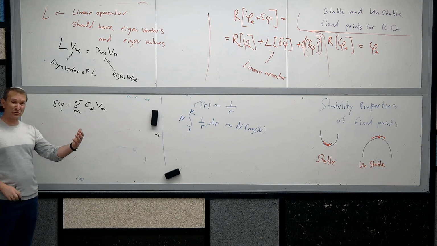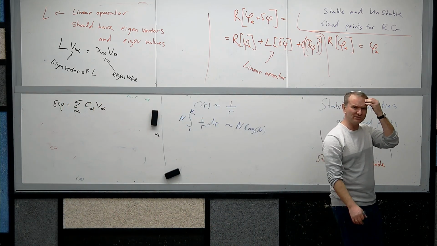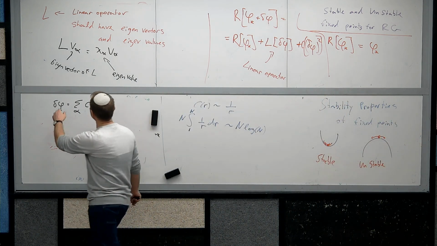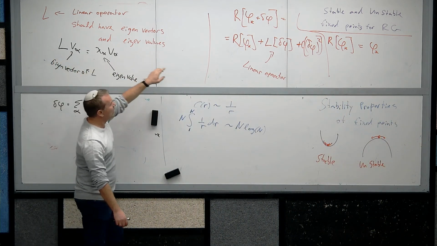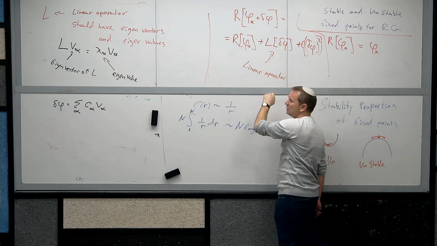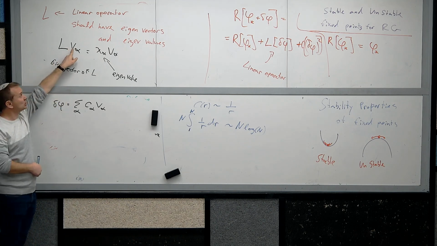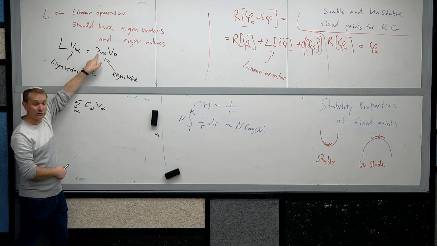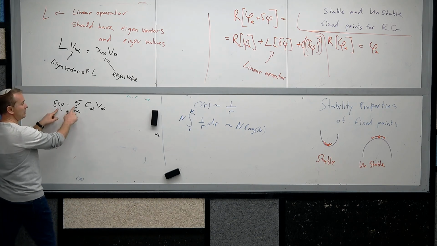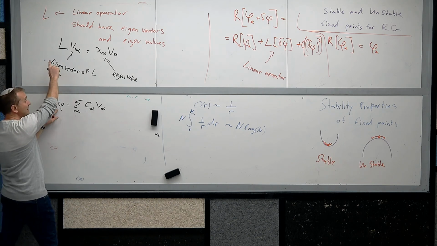Now it's a linear operator that operates in the space of functions, like a Hilbert space. So when I operate with this linear operator on a function, I get another function. Those eigenvectors are eigenfunctions, and those are eigenvalues. So I can expand delta phi in terms of those eigenfunctions of the linear operator.